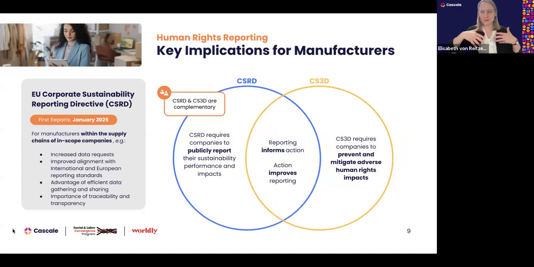The application date depends on the size of the company, but the first reports will be due already in January 2025. So what does it mean for manufacturers within the supply chain of in-scope companies? There will be increased data requests, most likely also improved. It will give an opportunity for improved alignment with international and European sustainability reporting standards.